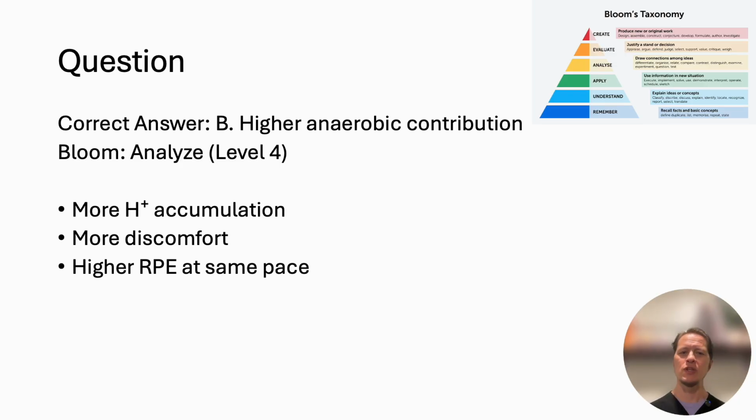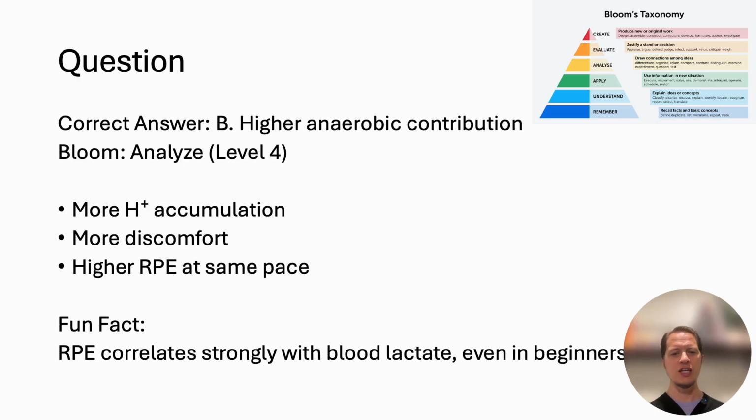So if one athlete is relying more on anaerobic metabolism, they accumulate more lactate and hydrogen ions, which contributes to a lot of fatigue, a lot of exhaustion, and increased perceived effort, or your RPE, your rate of perceived exertion. So this is another neat one, and we're going to talk about this throughout the course.